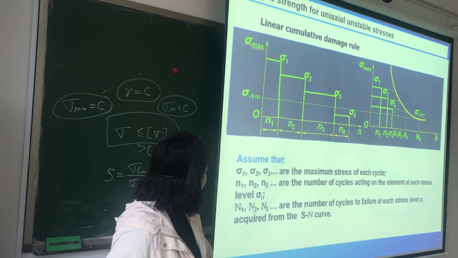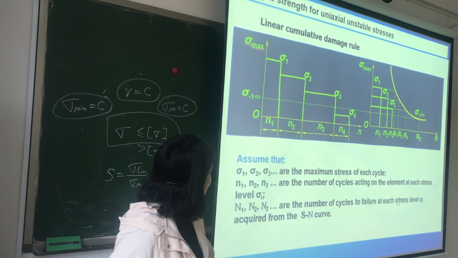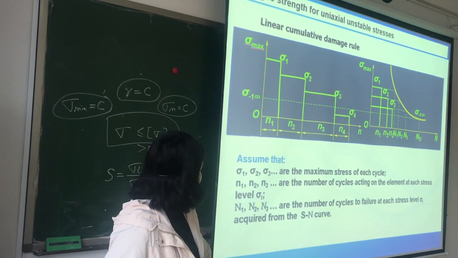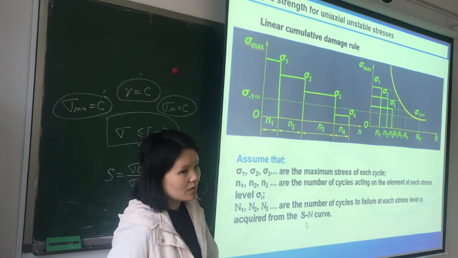Big N1, big N2, big N3 are the numbers of cycles to failure at each stress level, sigma i, and this value can be obtained from the SN curve.